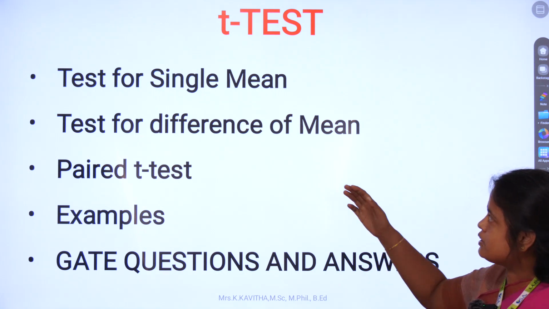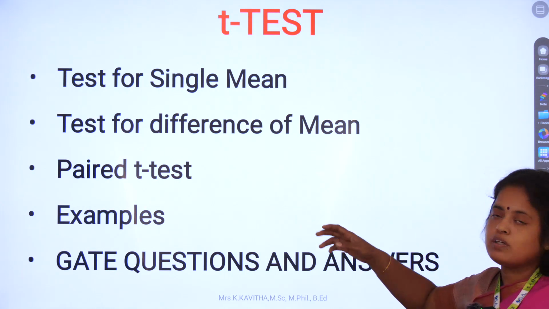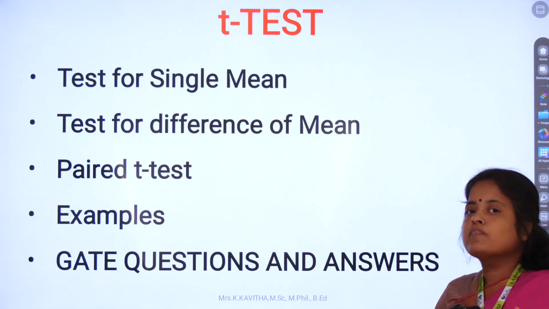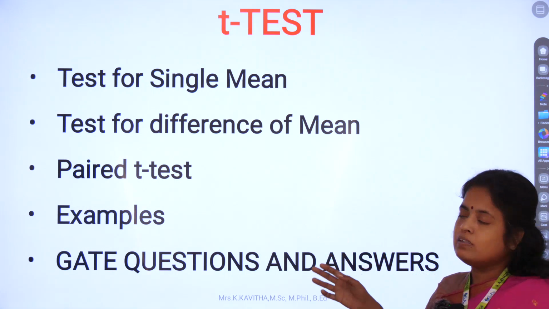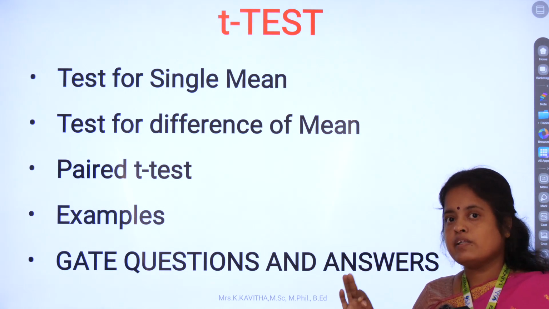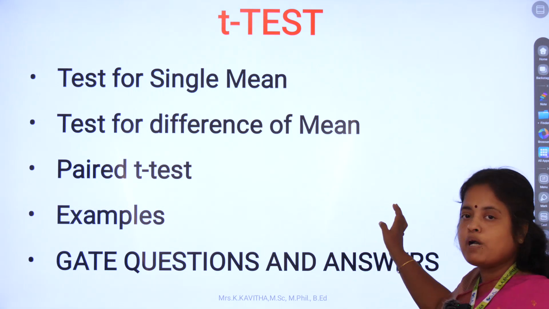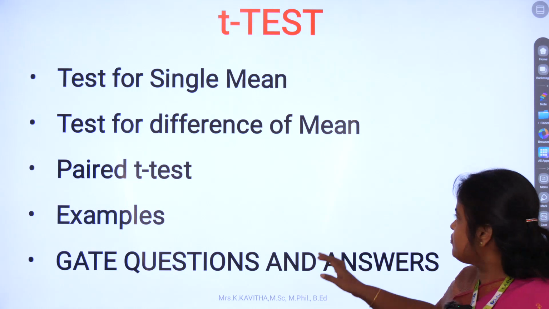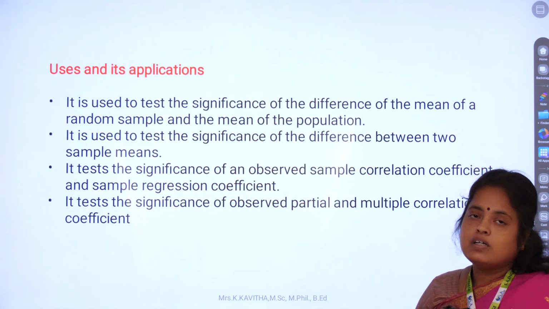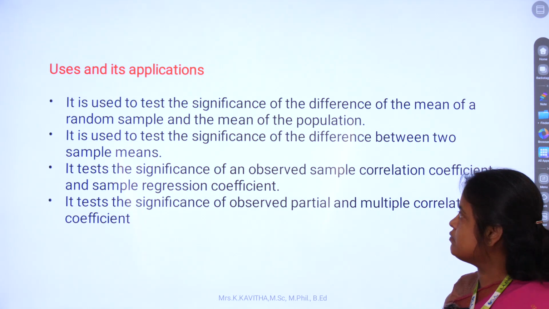These are the different types of test in t-test: test for single mean, test for difference of mean, and paired t-test. These are the types we are going to solve. Then we will see the uses and applications of the t-test.